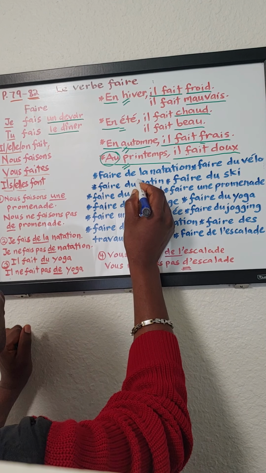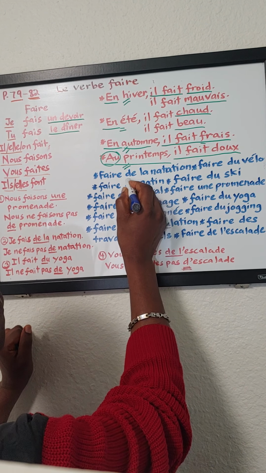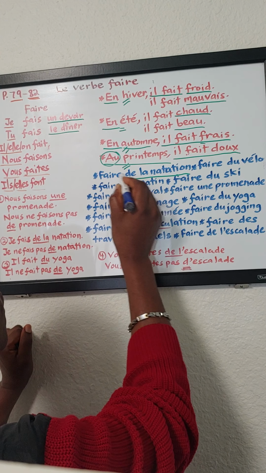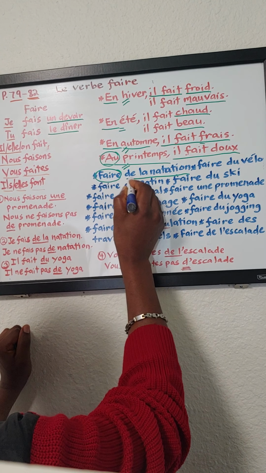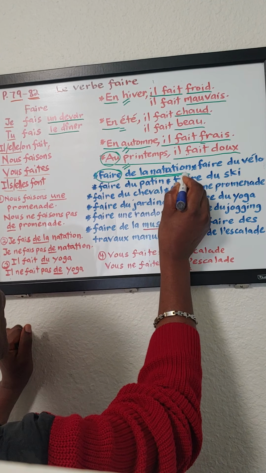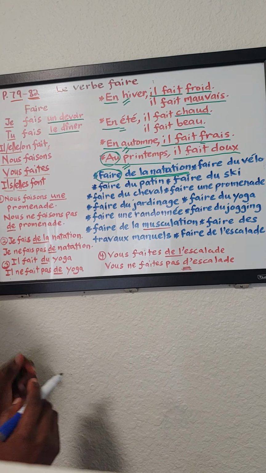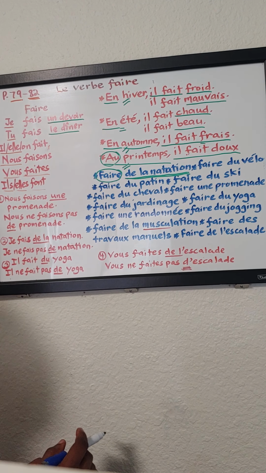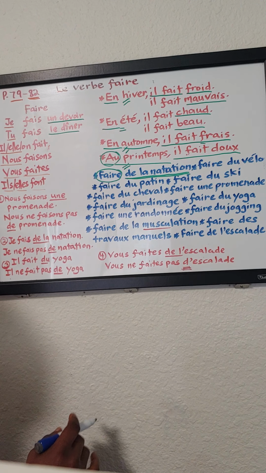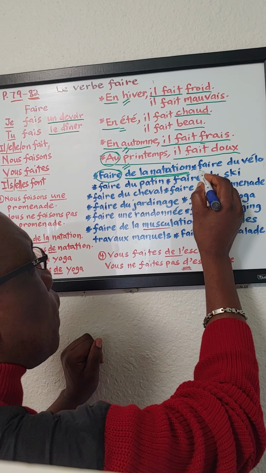Faire de la natation. See, the faire here is used with de la natation. It means to go swimming or simply to swim. Faire du vélo.